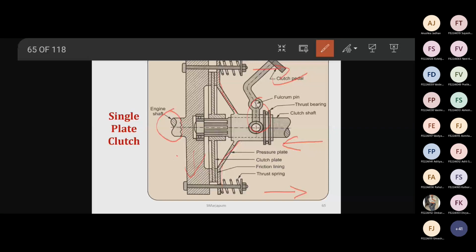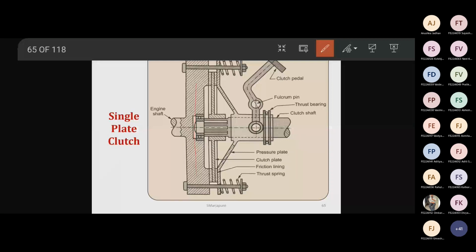When the clutch pedal is not pressed, power is transmitted from the engine shaft to the flywheel, from the flywheel to the frictional clutch, from the frictional clutch to the pressure plate, and then onward, right? Now see the components one by one. This is the flywheel.